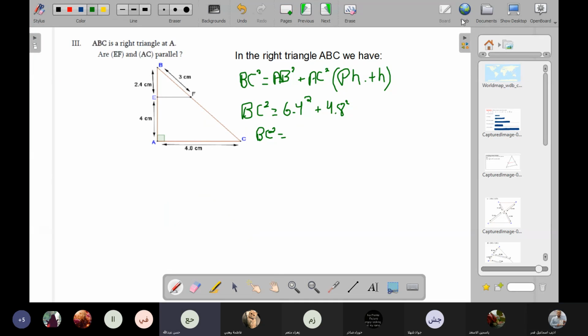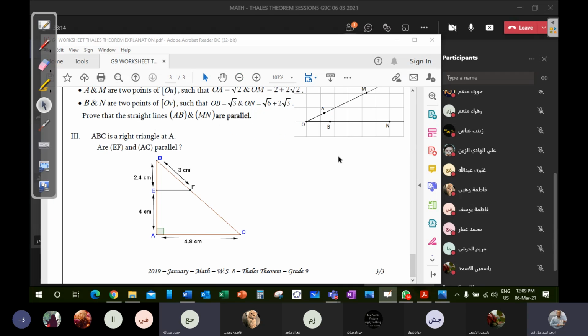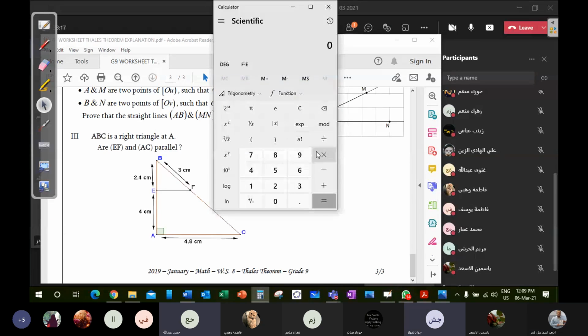6.4 square, power 2, equal 40, sir. What? Let's calculate. 6.4 squared equals 40.96.